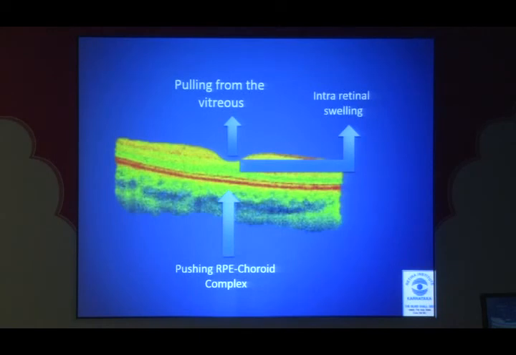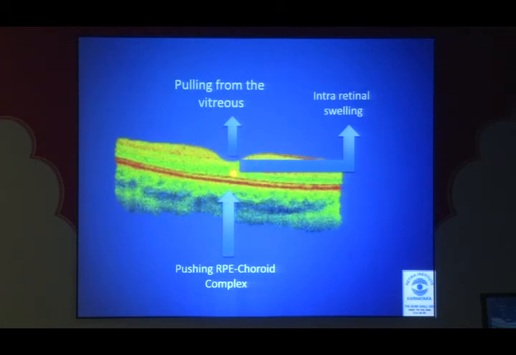Now, what can cause a foveal reflex to become blurred? Anything that alters the anatomy of the fovea, the concavity of the fovea, will cause a blurred foveal reflex. Now, we can classify them into three different conditions. Anything pulling on the fovea from the vitreous can alter the concavity and cause a blurring of foveal reflex.